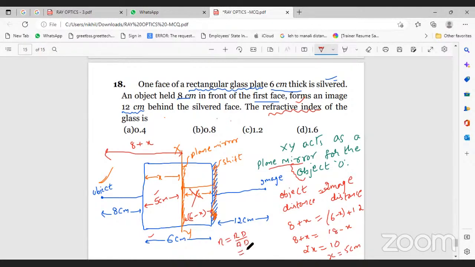What is the real depth here? 6 centimeter. What is the apparent depth? 5. So what is 6 by 5? 1.2, sir. So which is the right option? Option C.